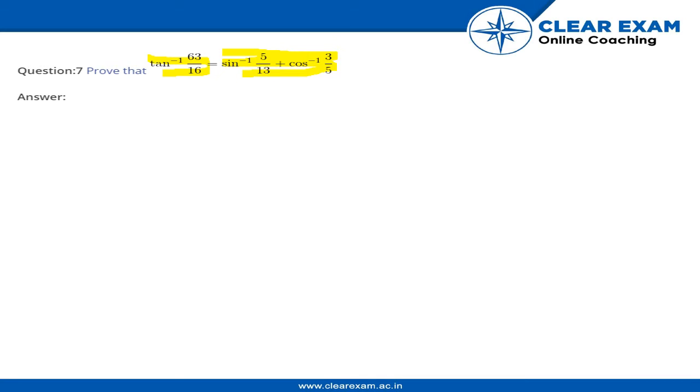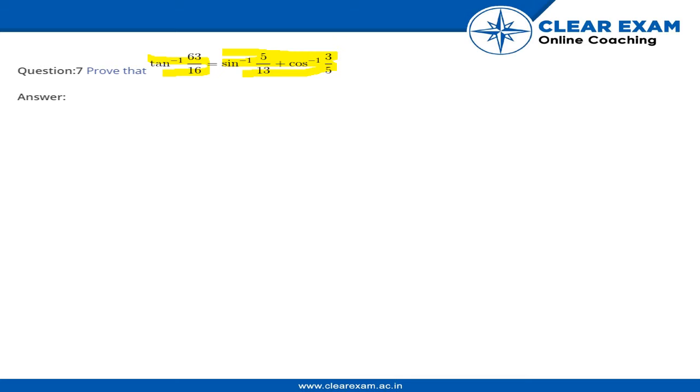In this question we have to take a slightly different approach from the other questions. In the other questions we generally solve our LHS, but in this question we are going to solve our RHS first, as merging two terms is easier than breaking a single term into two terms.